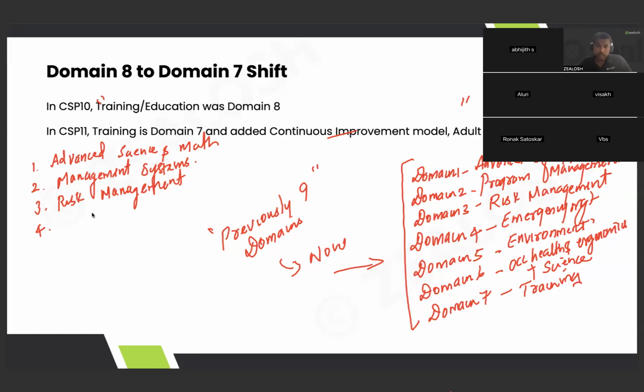If you are studying and going to write your exams, you should have it by heart. What is that? Advanced science and math? Is that advanced science and math? No, that is advanced safety concepts. Advanced application of safety concepts.